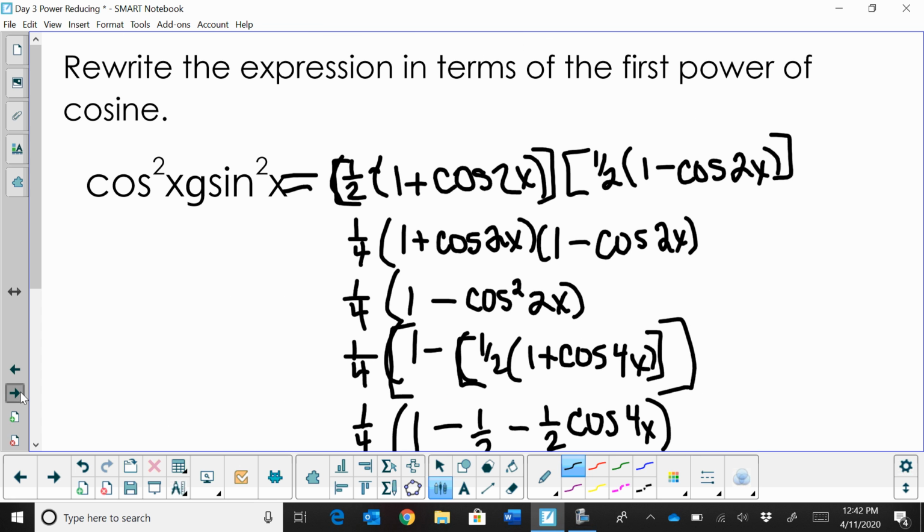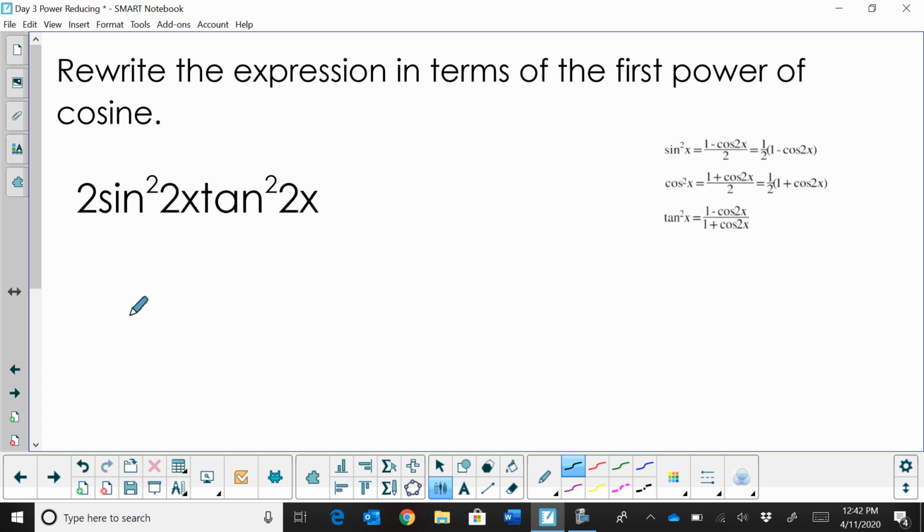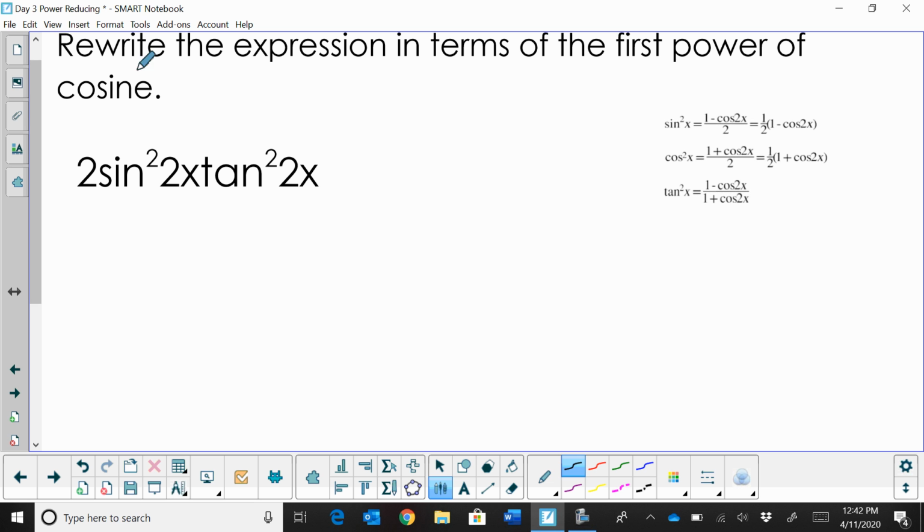So there we go. Let's try one more, and this time we're going to throw a tangent in there because we haven't done one with tangent yet. So rewrite the expression in terms of the first power of a cosine function. So we know that we can write these in terms of cosines. So let's bring down the 2, and let's replace our sine and our cosine with some of these formulas.